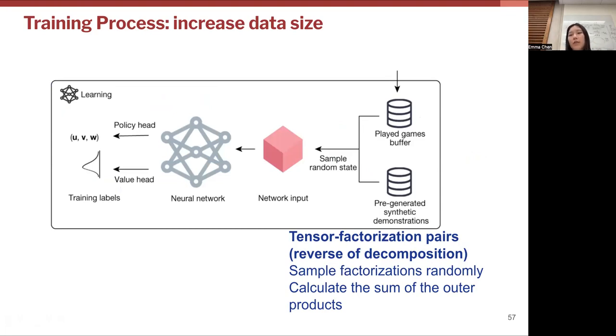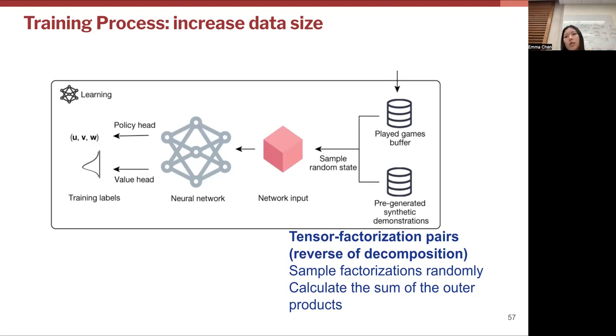If I am given a random set of vectors, then I can calculate the outer product, and then add them together to do the reverse process of decomposition to get the initial 3D multiplication matrix.